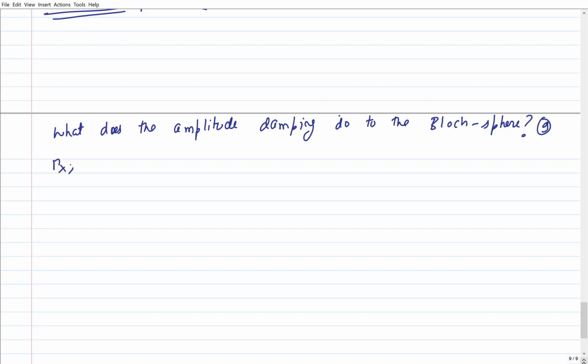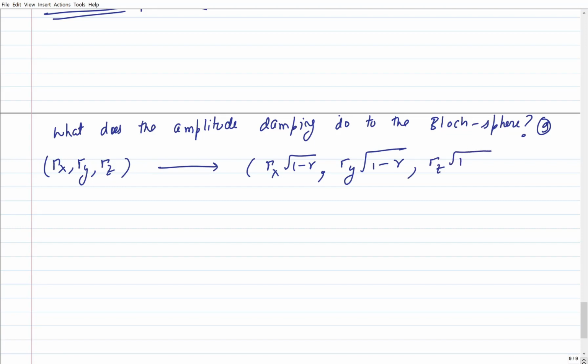So we have, this gives us, I can take gamma, for example, to be, let's assume that, so let us look at what it is doing to the Bloch sphere.